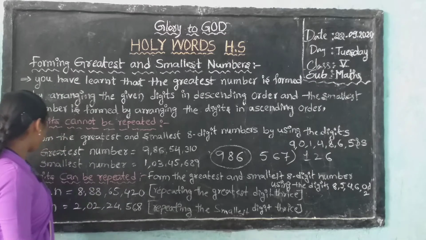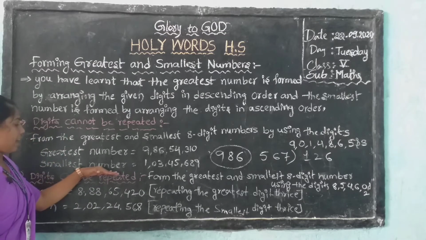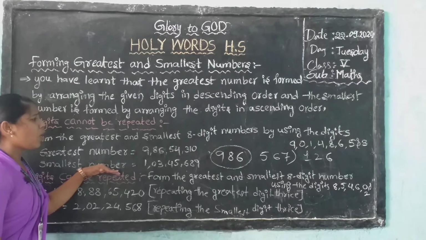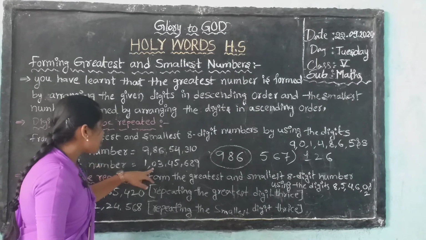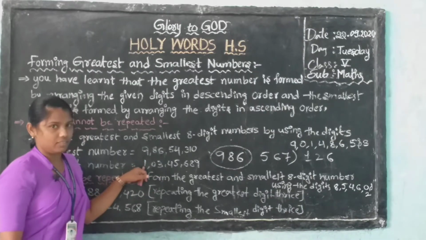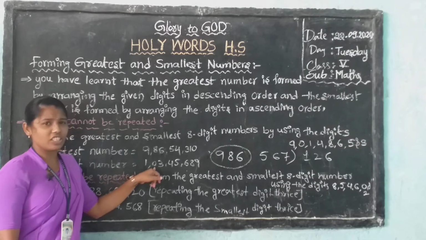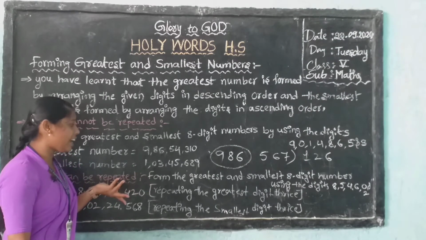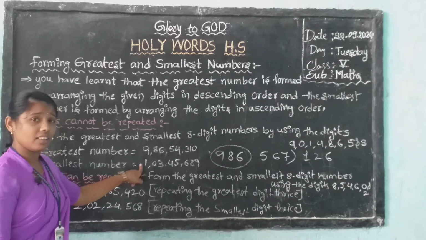Now the smallest number. You recognize that 0 is the smallest digit. So why don't we write 0 at the beginning?